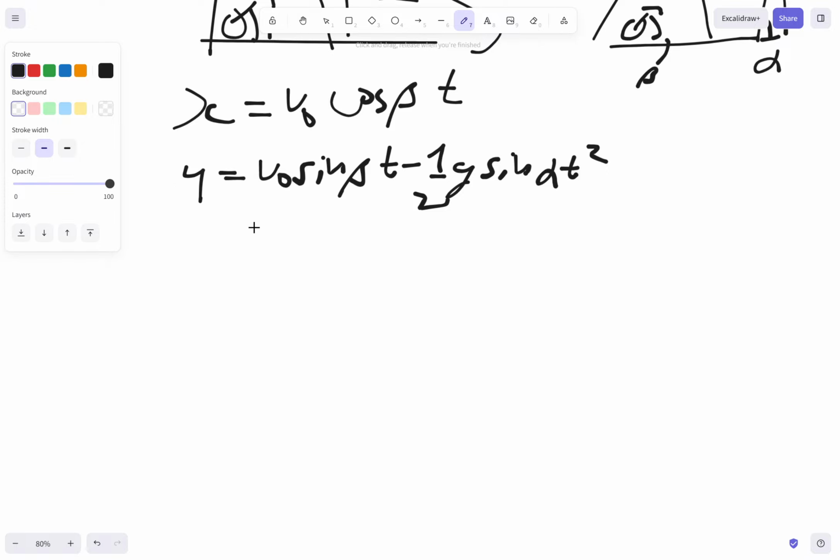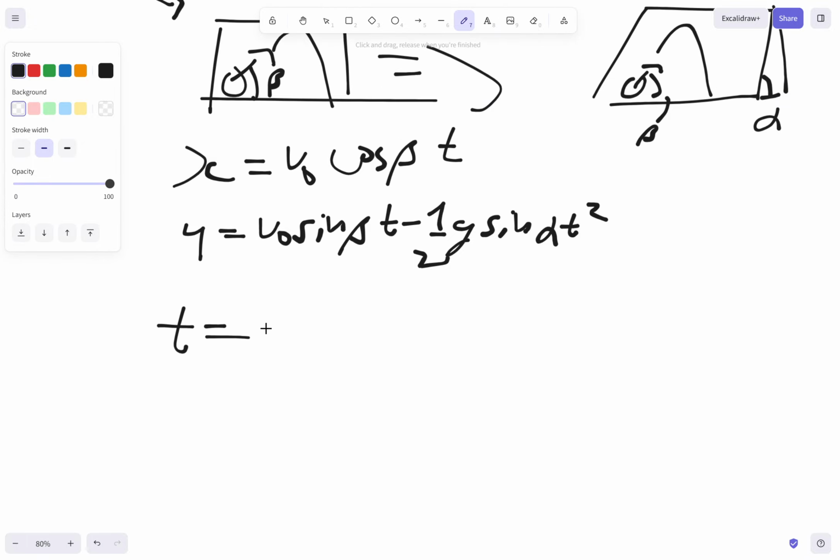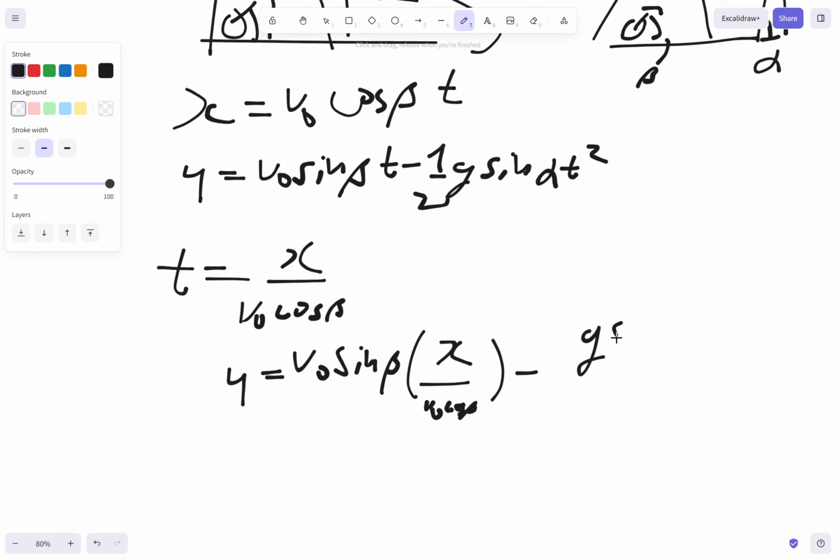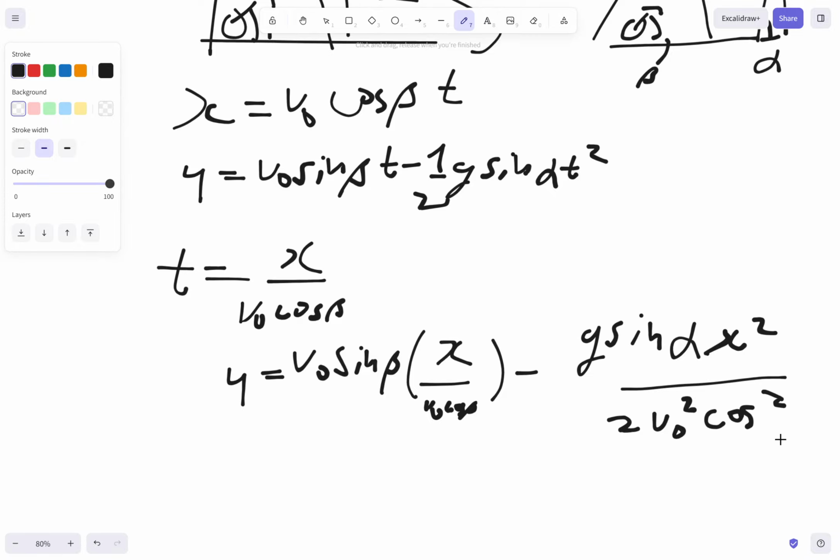So yeah, we're gonna solve for t: x over V0 cos beta. y equals V0 sine beta times x over V0 cos beta, minus g sine alpha x squared all over 2V0 squared cos squared beta.